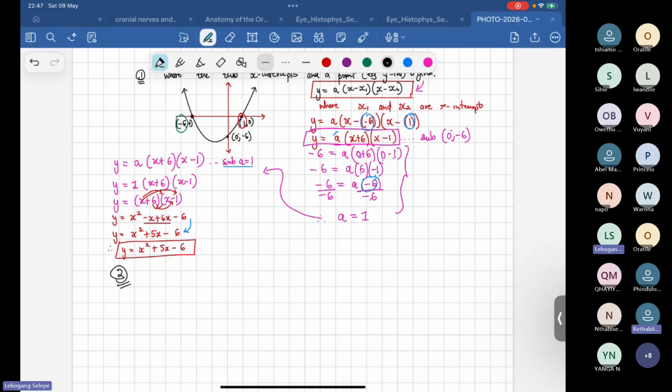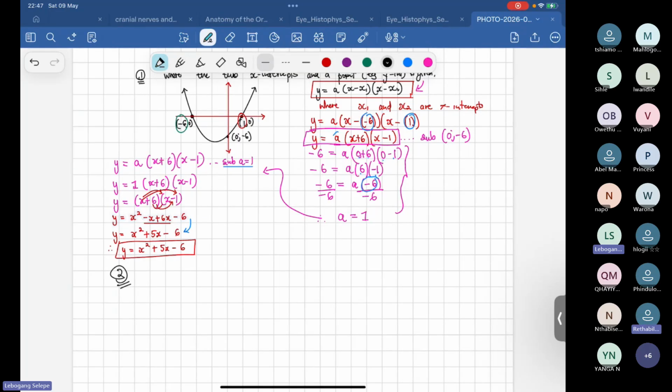Can I please ask, by saying you can use that equation either when you are given 2 x-intercepts and a point, can it also be the turning point? Yes, it can also be the turning point. It just has to be any other point other than the x-intercepts.